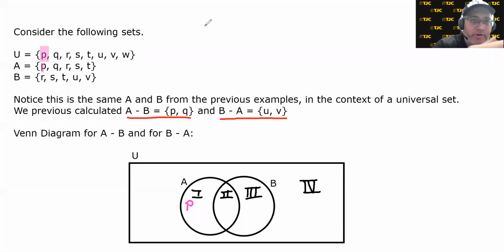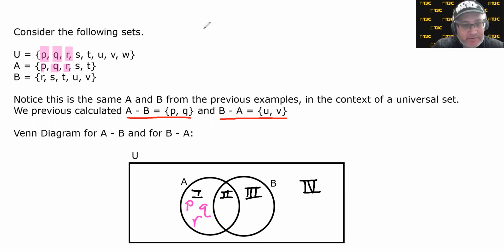Well, Q is in the universe, of course, but it is also only in set A. So the Q will also go in region 1 because it belongs to circle A but not circle B. And the same thing for the R. The R, of course, being in the universe, but also being in only set A, needs to go in region 1 because region 1 is the one that belongs to circle A only and not circle B.